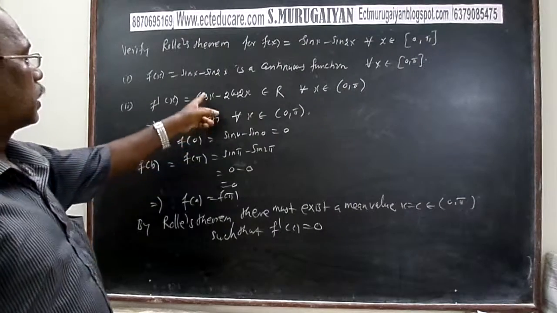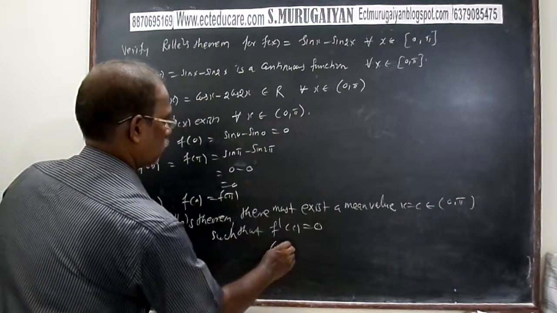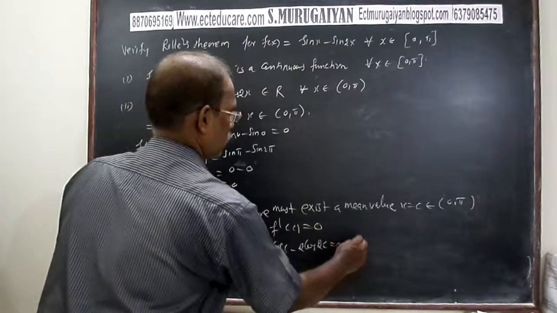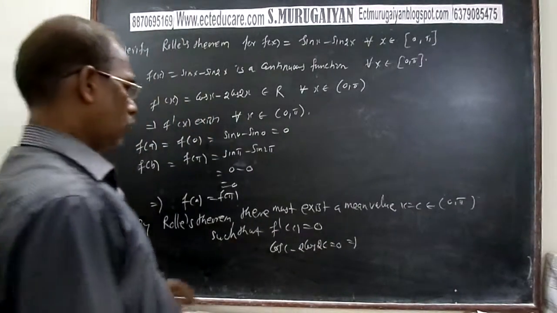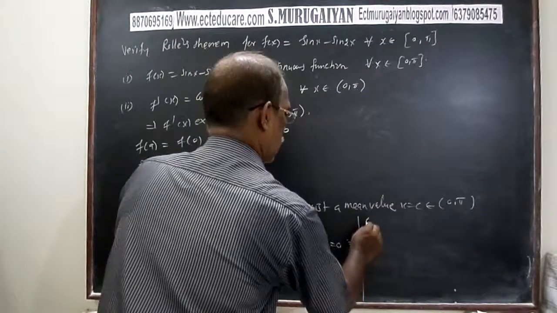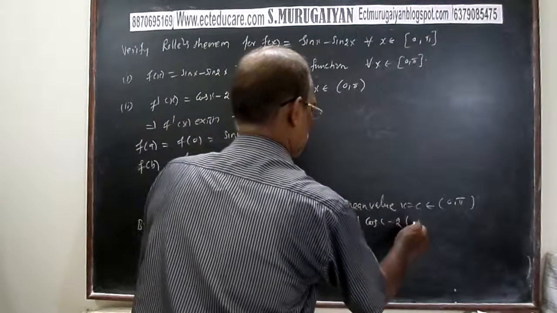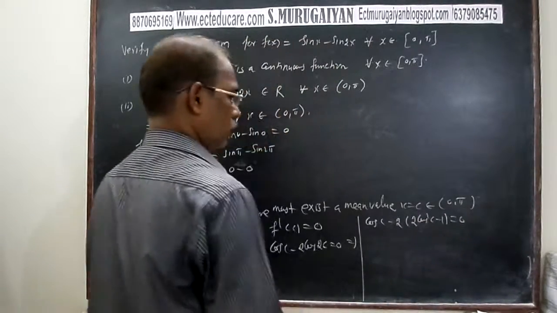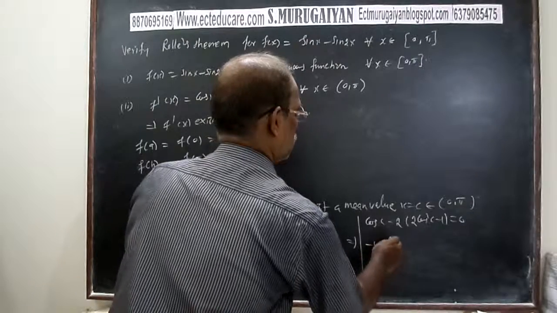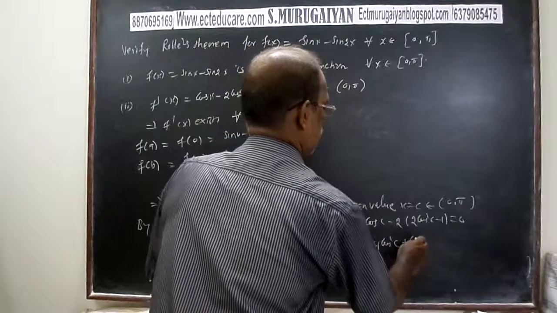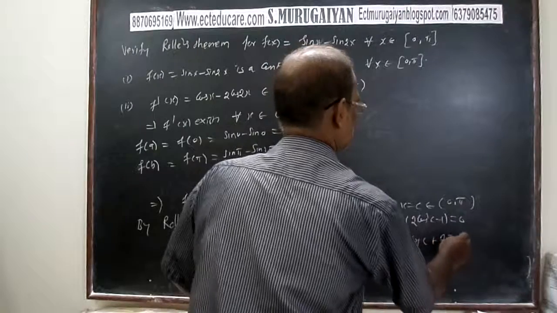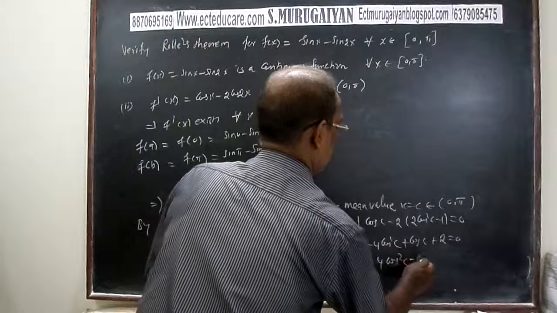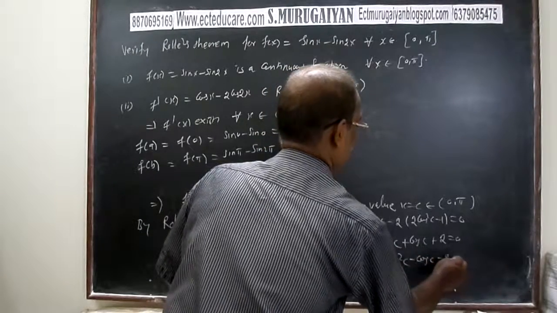So f'(c) = cos c - 2 cos 2c = 0. So this implies cos c - 2(2cos²c - 1) = 0, that is -4cos²c + cos c + 2 = 0, then 4cos²c - cos c - 2 = 0.